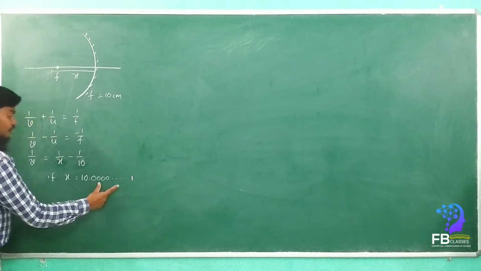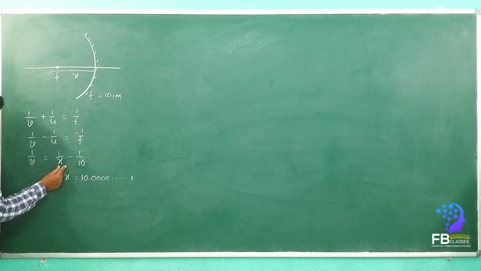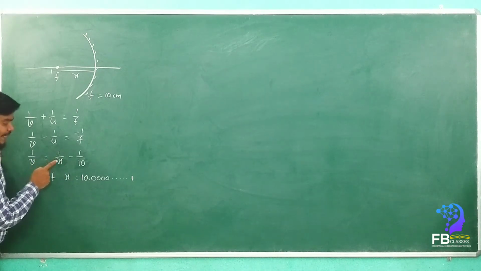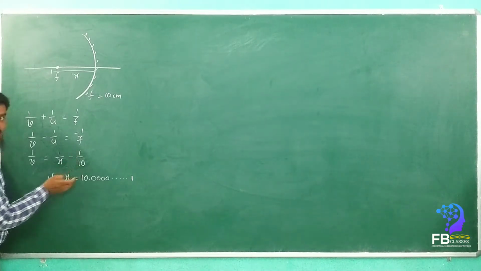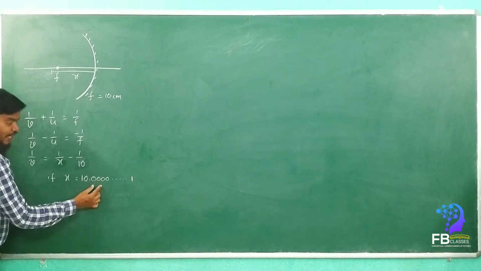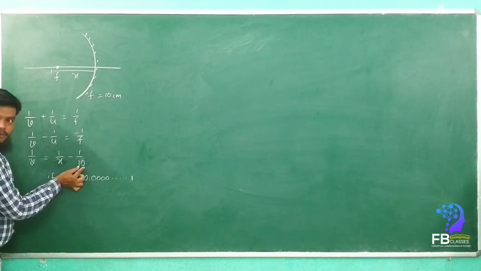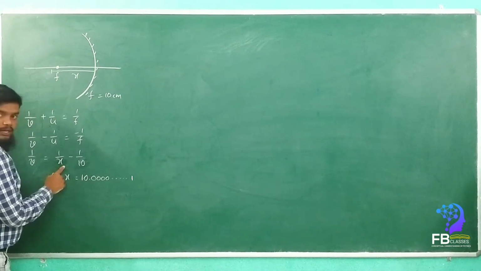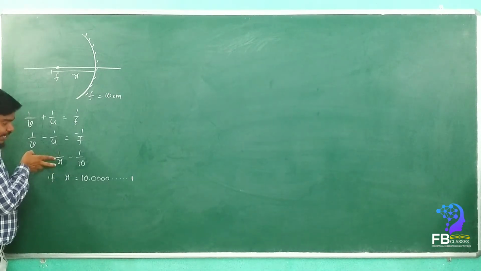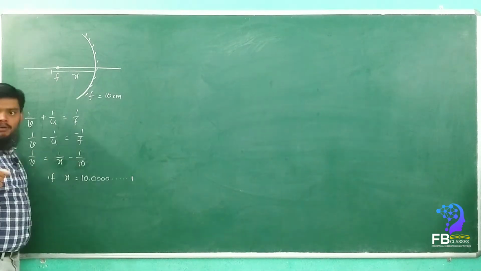Then what will happen when we substitute the value of x here? 1 by 10.00000001 minus 1 by 10. So the value 1 by 10.00001 is lesser than 1 by 10. Yes or no?